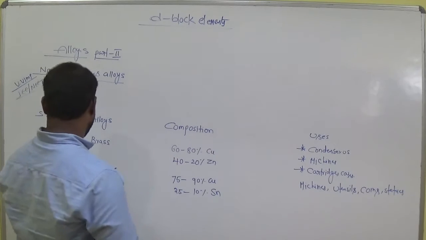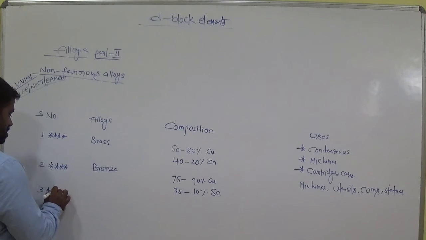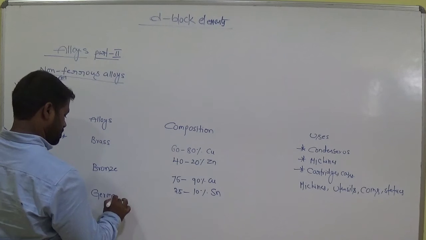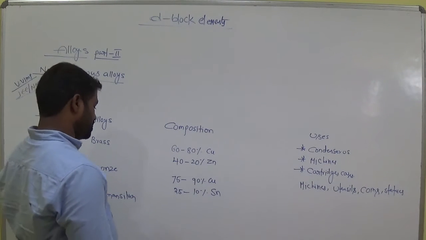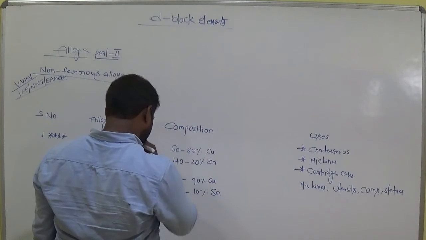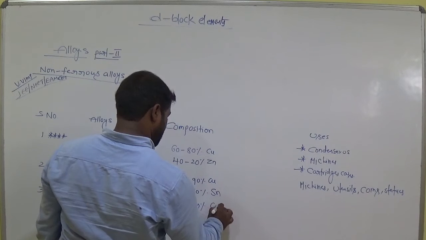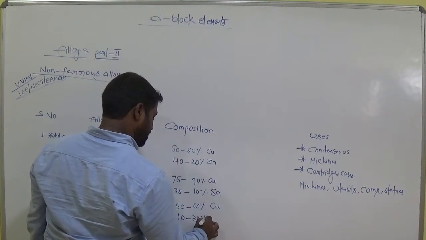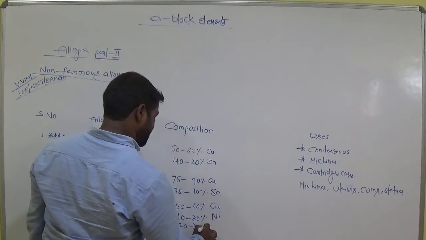And the next one is German silver. This German silver consists of 50 to 60% of copper, 10 to 30% of nickel, 20 to 30% of zinc.